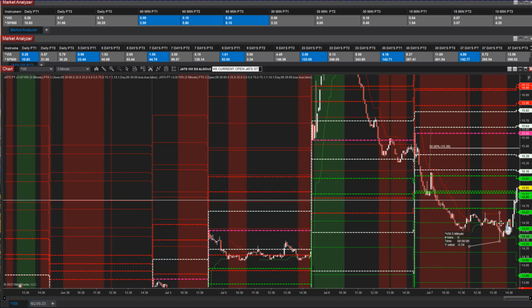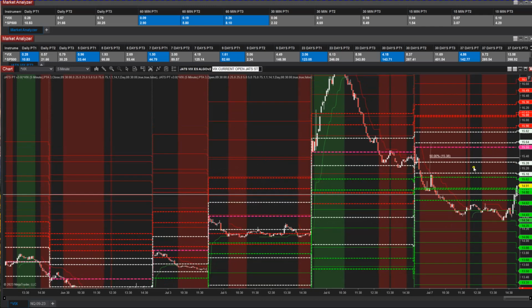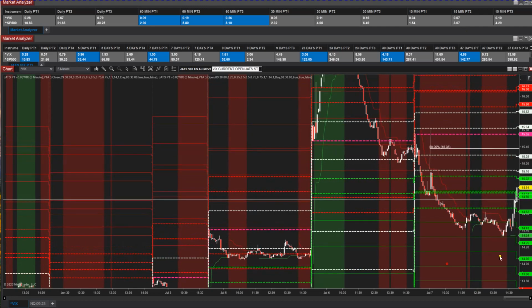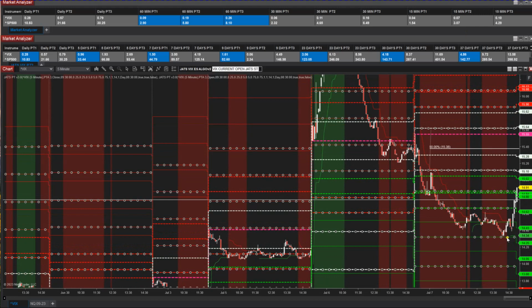It's measured moves. That's what the algos trade. I'm trying to show you. So they took my distribution for the daily close and traded one half of that range outside the distribution to the tick and bounced it.